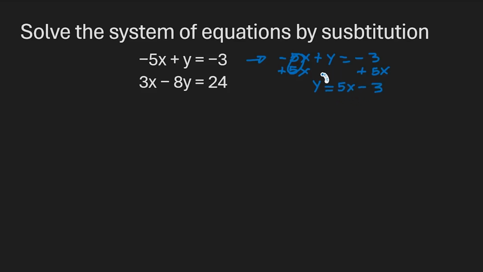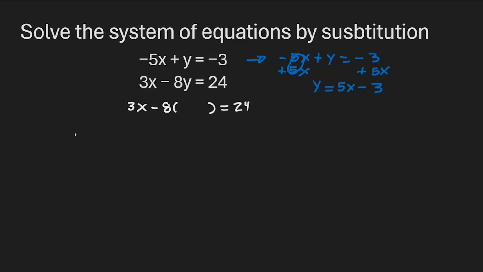So now that we solved for y, we're gonna do the substitution into the second equation, which is this one, right? So now, let me go ahead and start by doing the substitution. So I'm gonna write 3 times x minus 8 times y, and all of that should be equal to 24.